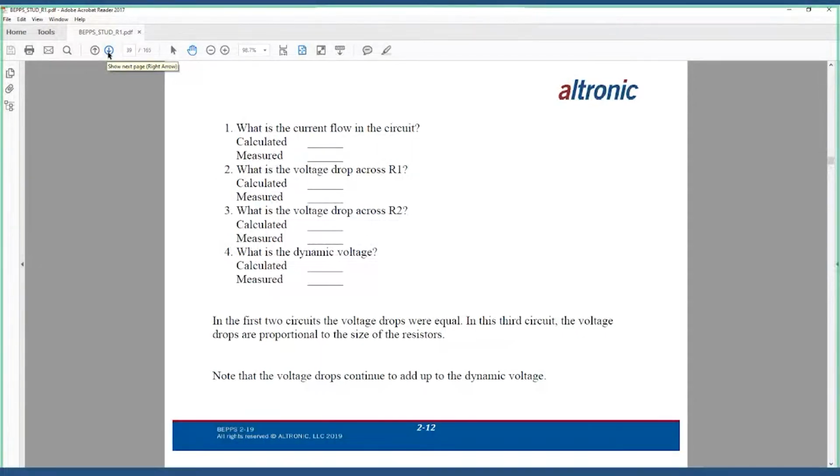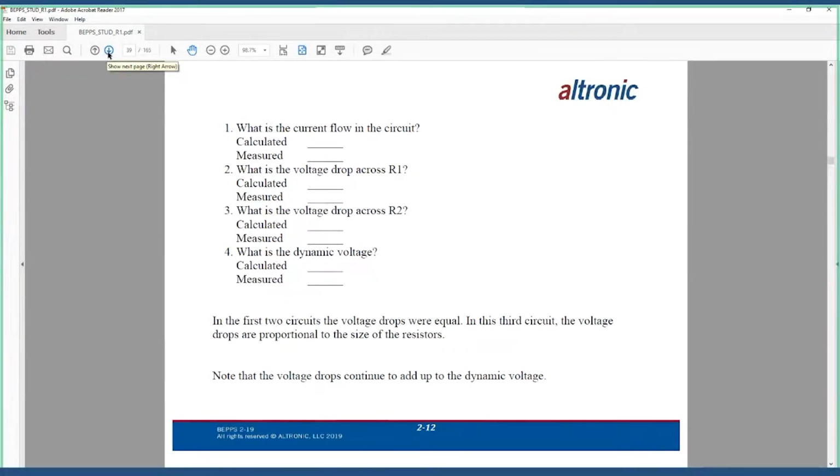So the current flow is 0.00081 amps. Now remember, if we want to convert that to milliamps, we move our decimal place 3 points, so it's 0.8 milliamps is another way to call it out.